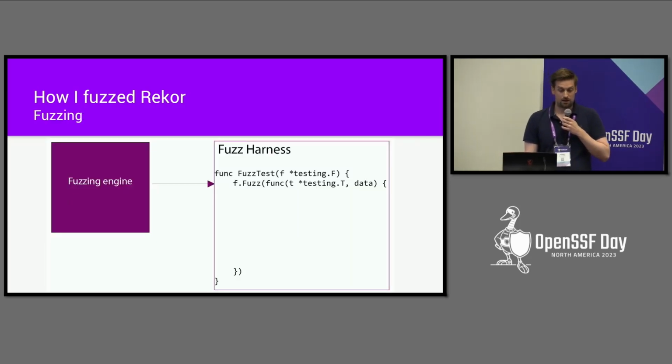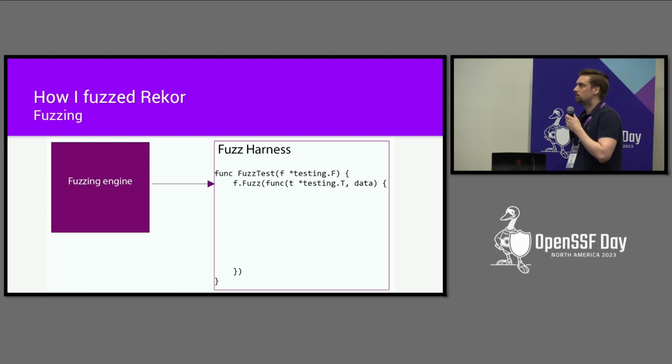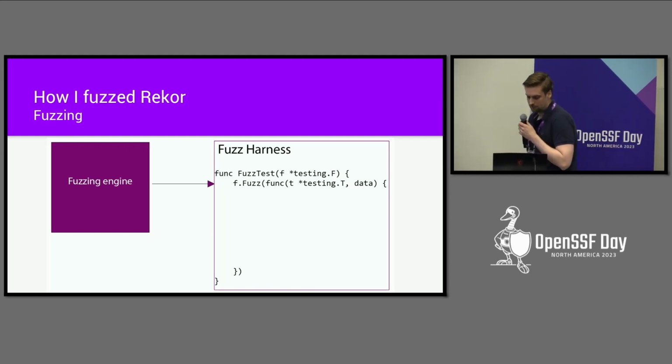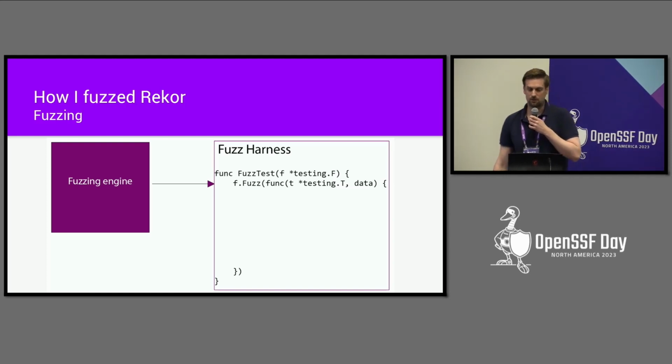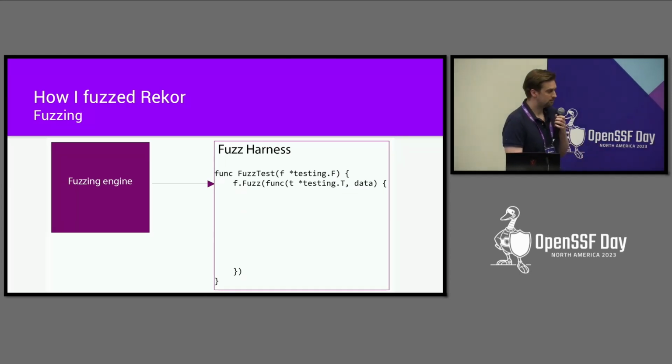A quick crash course about fuzzing. You have two main components when you fuzz test a software application: a fuzzing engine and a fuzz harness. The fuzzing engine is responsible for generating the pseudo-random data that we want to pass on to the target application. Now, I say pseudo-random.